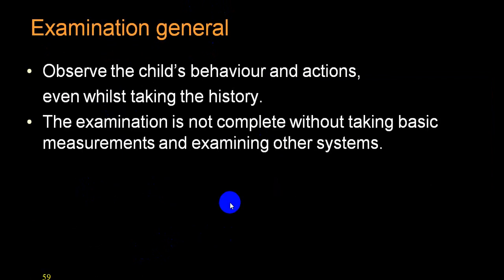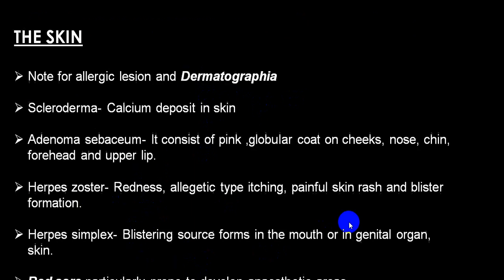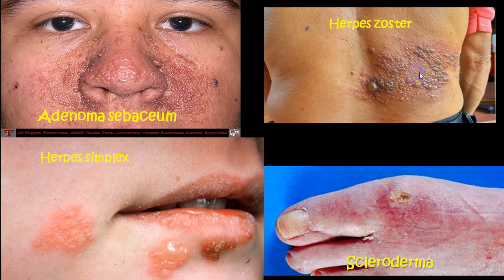Then in general, right from head to toe, you should examine vital data, skin, ear, nose, throat, respiratory, cardiovascular, GI tract. Skin examination sometimes gives you a good idea. Some of the things are given here. Herpes zoster can end up with post-herpetic neuralgia, and during herpes it will give rise to severe pain.